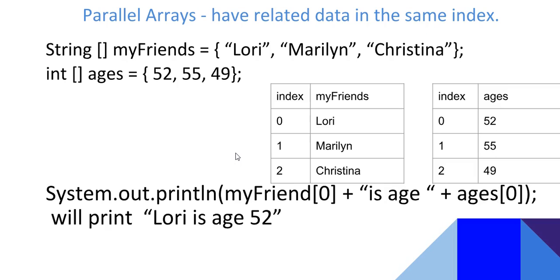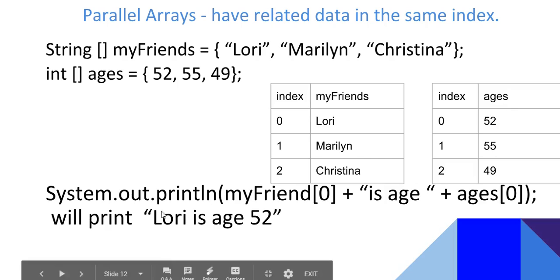When you use data that's related to each other, like in the piano keys, this actually has a special name. It's called parallel arrays, and they are related by the same index. So for example here, Lori has an index of 0 for the name, and then the age is 52.